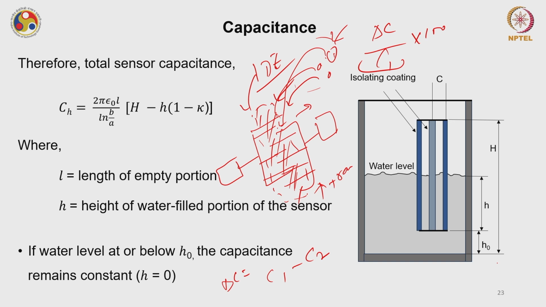Depending on that, the current levels change, and because of that the capacitance value changes. So this is just an example of how a simple capacitance principle can be used in a sensing application. Please note that we need a bad capacitance, not a good capacitance that we require in an electronic circuit or some other signal conditioning circuit.